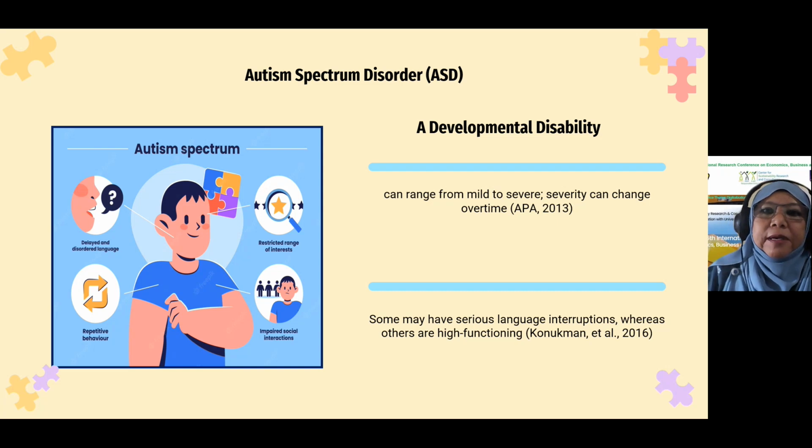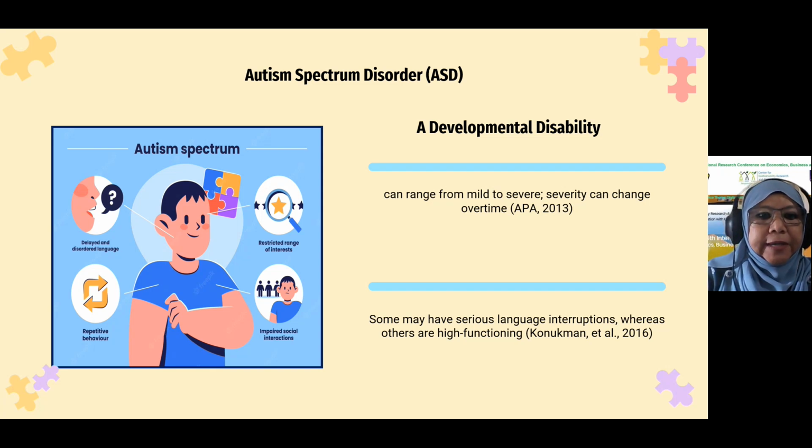Some autistic people may have serious language interruptions, whereas some others are high functioning. That is why the name is spectrum, because one person cannot be the same as another one. They may differ in a lot of aspects.